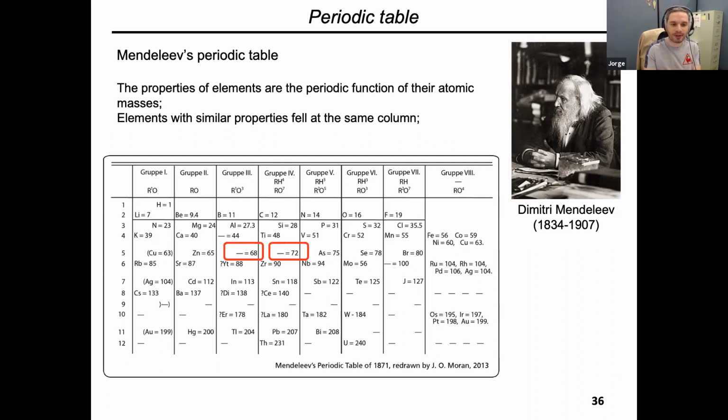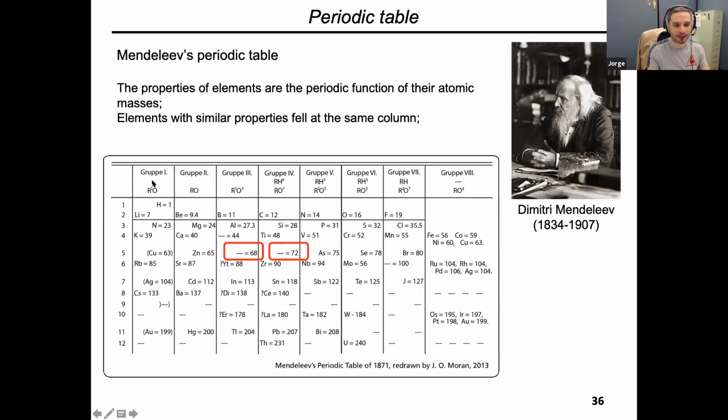Okay, so his idea was to first organize the elements as a function of the atomic masses. And then in the same column, he placed elements that he knew had similar physical and chemical properties. So this is what Mendeleev's table looked like.